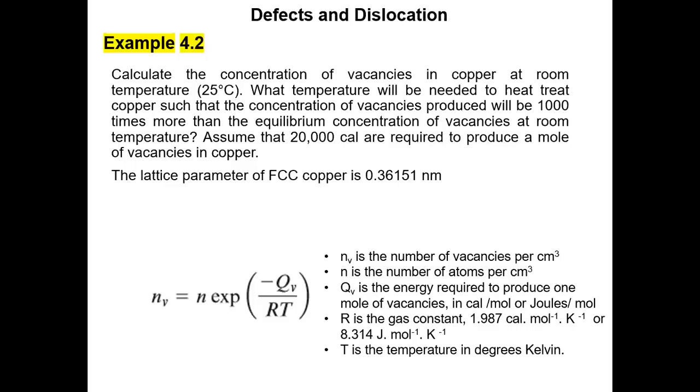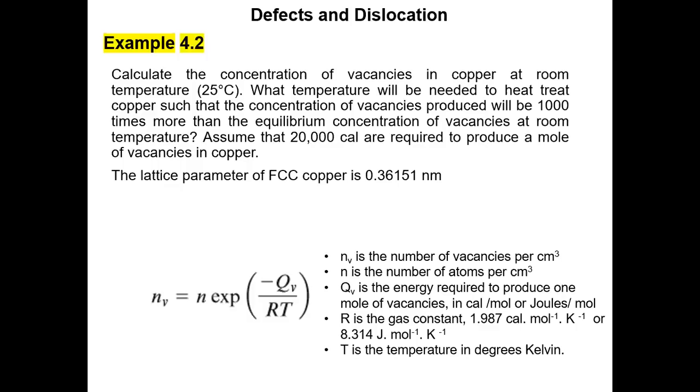It says the copper has an FCC crystal structure and the lattice parameter, that means the edge length, is this amount. So what you can do is find the volume of the FCC copper unit cell. I am telling you the steps. First step, find the volume of an FCC copper unit cell.